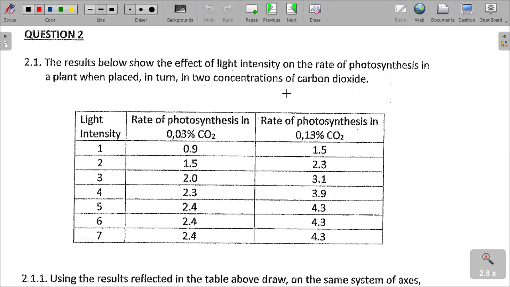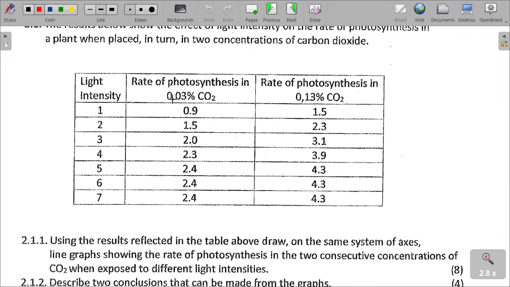The table below shows the effect of light intensity on the rate of photosynthesis in a plant when placed in two concentrations of carbon dioxide. We have got light intensity, rate of photosynthesis in 0 carbon dioxide, in 0.03 carbon dioxide, and also 0.13 percent carbon dioxide.